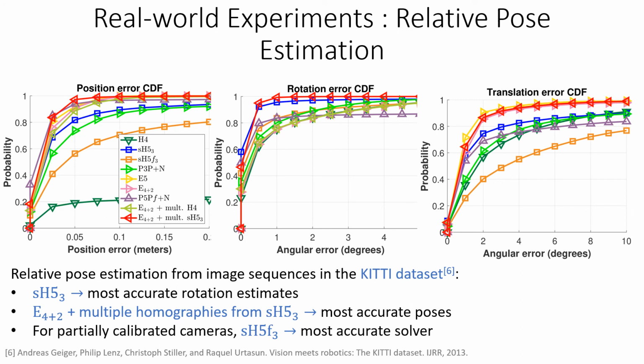Because some of the state-of-the-art solvers do not estimate the translation scale, the scale from the ground truth is used to calculate the position error. While our SH53 solver leads to the most accurate rotation estimates, the most accurate poses were obtained by combining the essential matrix obtained from E4+2 solver and the multiple homographies obtained from our SH53 solver.